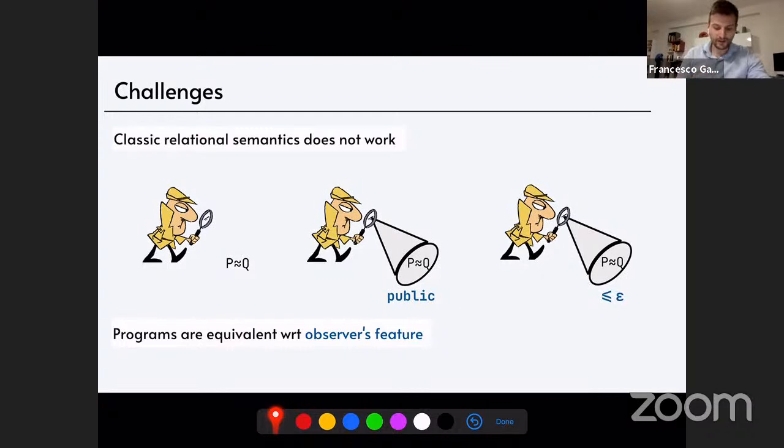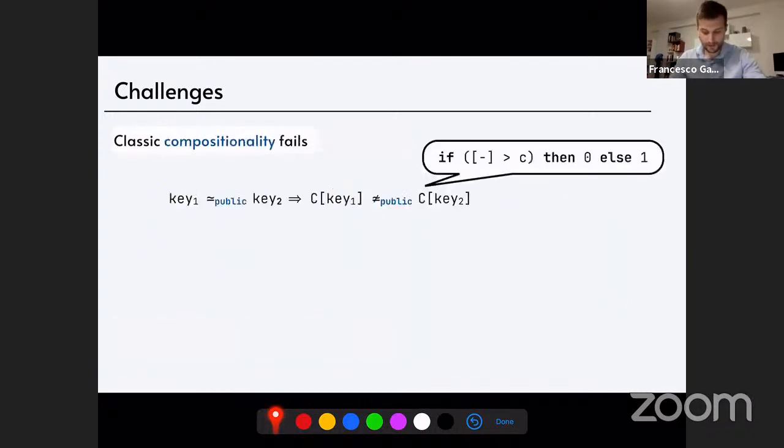So we move from a setting in which programs are just equivalent, or they aren't, to a setting in which now the observer has an active role somehow in determining equivalence. And the features she has, permission, accuracy, resources, or whatever, determine whether programs should be regarded as equivalent or not.